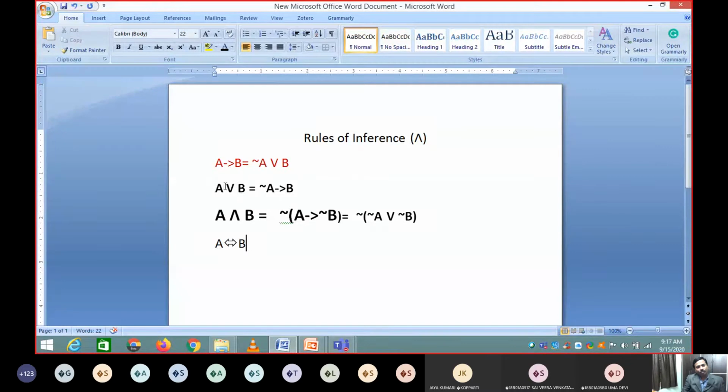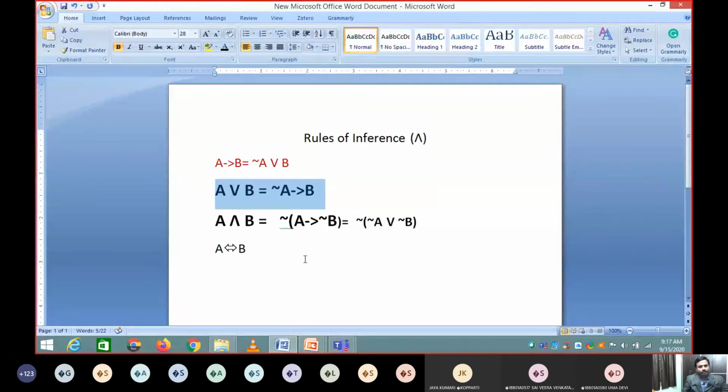So why are we representing ORs and ANDs and the biconditional by using implication? Why do we need to convert this OR, AND and biconditional into the implication form?